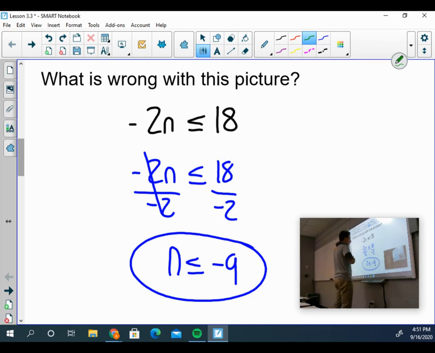Okay, hopefully you've done this. I will try -8. That seems like the logical choice to me. A number less than or equal to -9. Okay, so I plug a number less than or equal to -9 in.